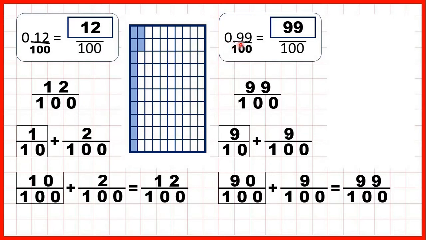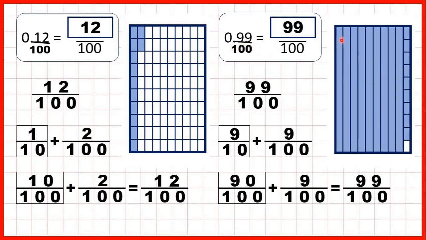And for 0.99, we can show 9/10 and 9 hundredths. But if we want to show a fraction with a denominator of 100, we can split our fraction bar into 100 equal pieces, and we can see that we have 99 pieces. That's because the 9/10 is now 90 hundredths.